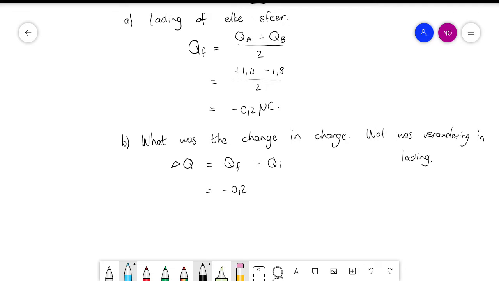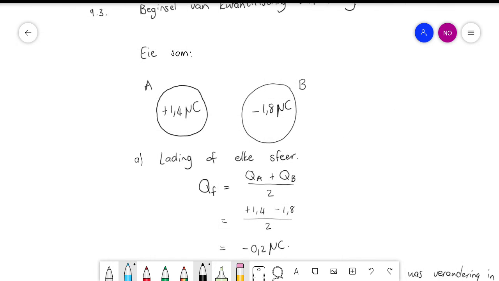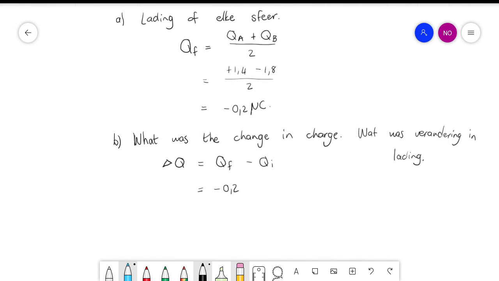So hier is die twee balletjies met daai lading. Wat is daai ladings? Is dit hulle final of hulle initial ladings? Dis hulle initial ladings, né? Toe kom hulle in kontak met mekaar. Toe separate hulle weer. Wat is hulle finale lading nou? Negative 0,2. Okay? So for final, you substitute negative 0,2. This minus is part of the formula.